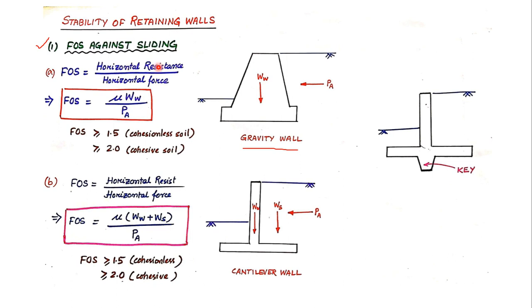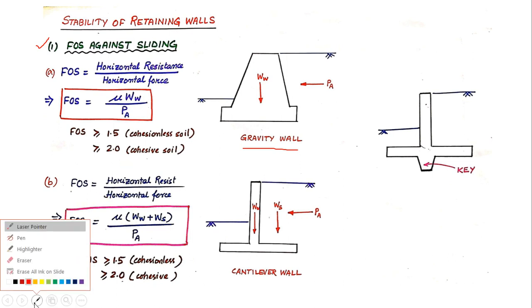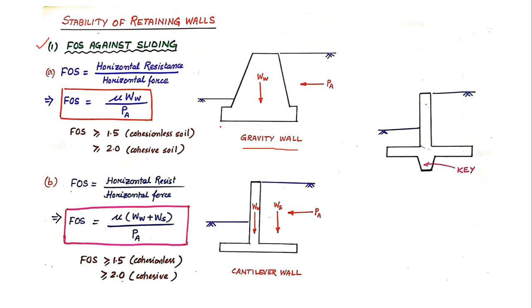And what is the horizontal resistance? I have already told you that the resistance is provided by the frictional force which is acting at the bottom. So here I will be having a horizontal frictional resistance force. Now you know that frictional force is calculated by F, which is mu into N. Mu is the coefficient of friction and N is the normal force due to the load of the body or due to the weight of the body.